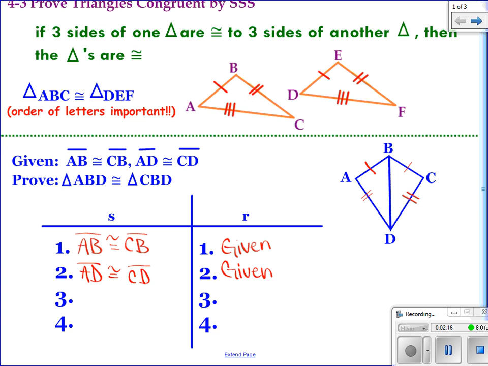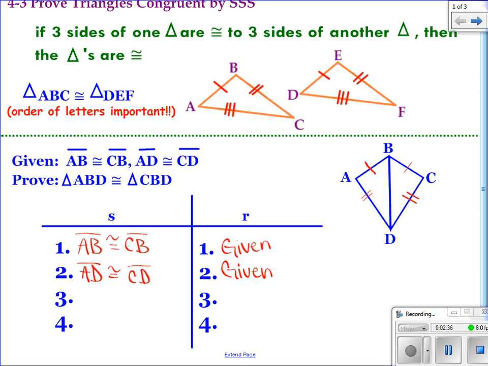Okay, I need you to notice right now that half of this proof used very little brain power. Always write your givens down. Don't leave a proof blank on a test because I give you the givens, so the givens should be put on the proof. Start out your proof by writing down what you do know.